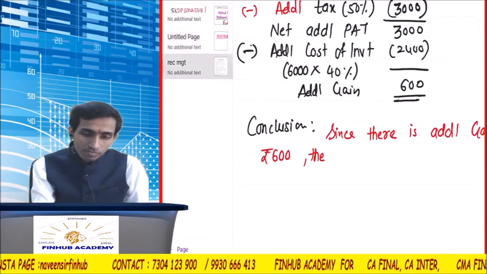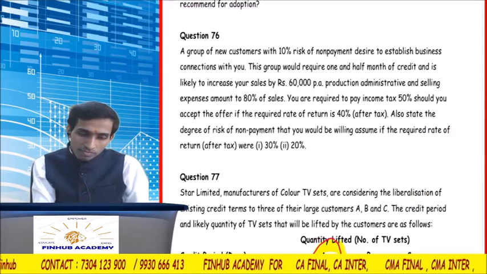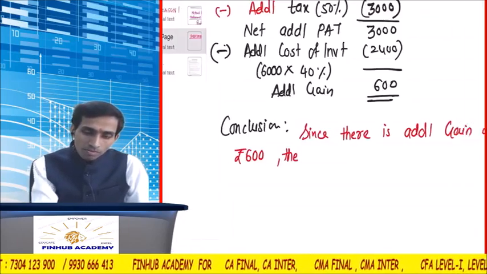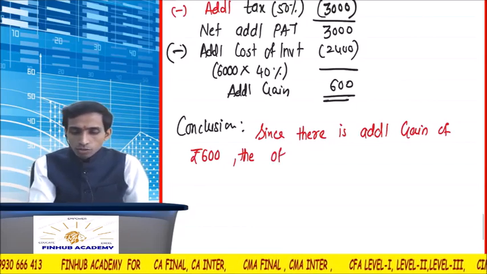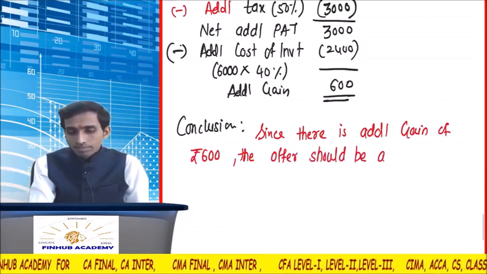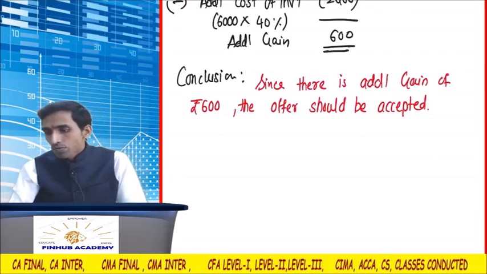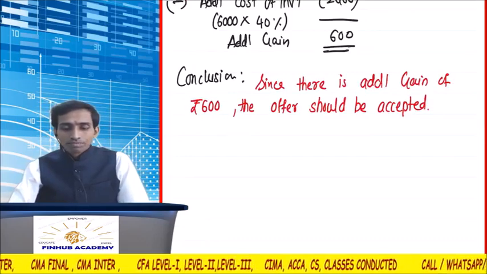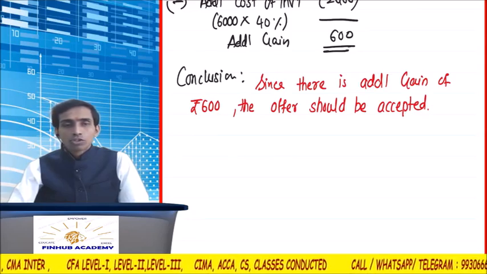Let me check. Okay, you are required to pay income tax, also state. You should accept the offer, that's it. So since there is an additional gain of rupees 600, the offer should be accepted.